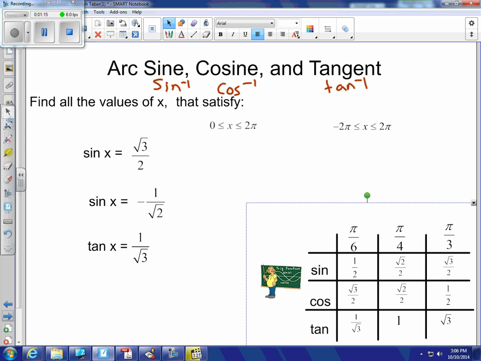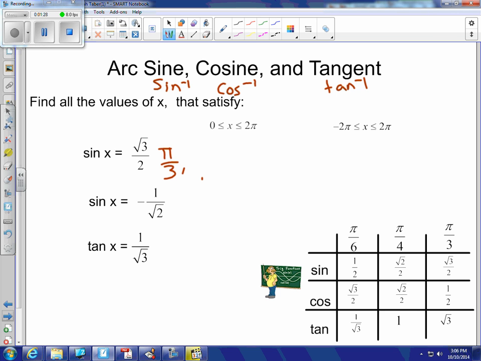So what angle will satisfy sine of x equals square root 3 over 2? Pi over 3. Well, we have one of our angles. When else is sine positive? Well, all students take calculus.